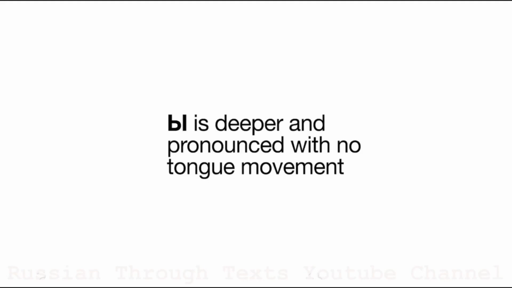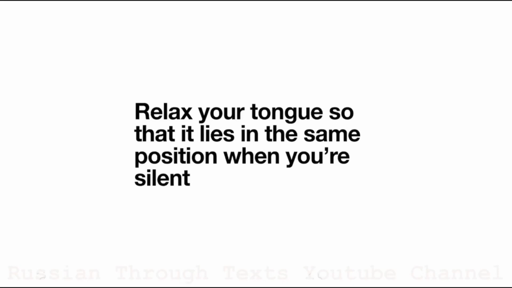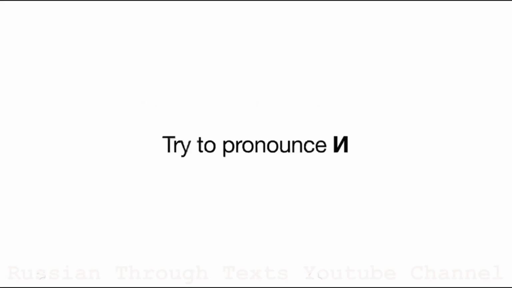Then open your mouth and try to pronounce E. Relax your tongue so that it lies in the same position as when you are silent and pronounce E. It should be the sound Ы. It's not E, which is with the tongue tense, but Ы is with the tongue relaxed. It lies on the bottom of your mouth.